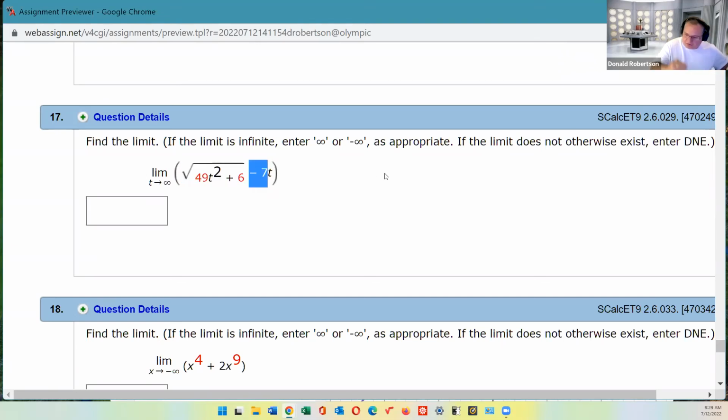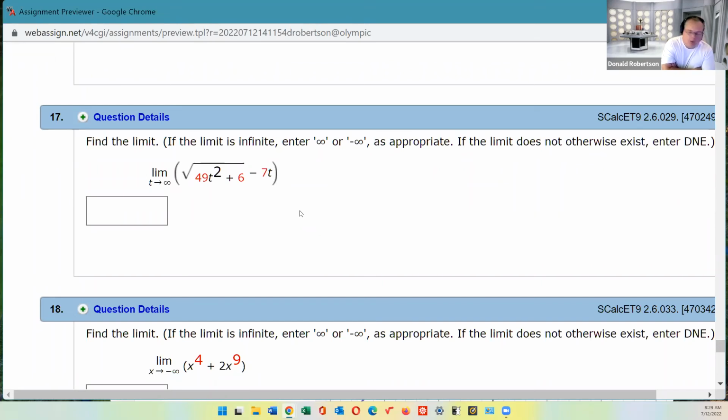Do you notice the 7t looks a little bit high and weird, but that's what it really is? It's just the square root of 49t squared plus 6 minus 7t. We have not tackled this guy before, but we have done this method before.